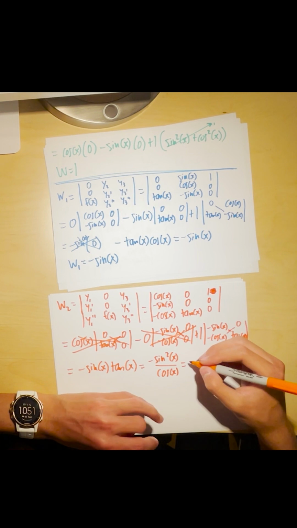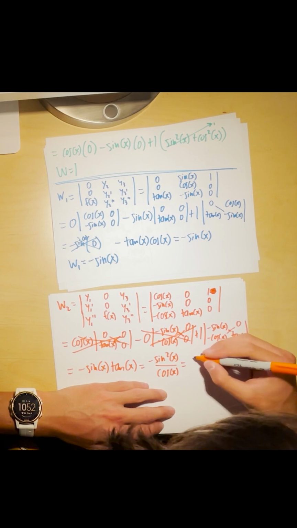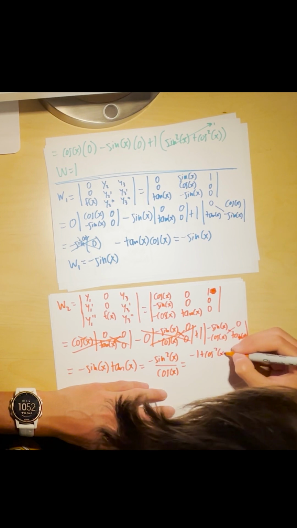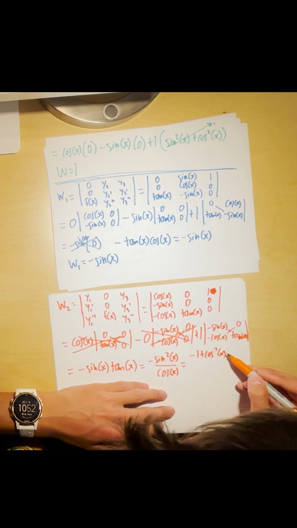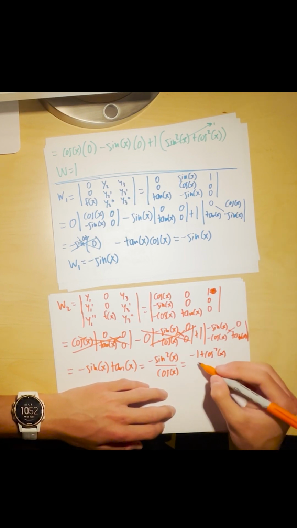And negative sine squared x is the same thing as negative 1 plus cosine squared of x, because if you add a sine squared of x to each side and then add a 1 to each side, you get sine squared x plus cosine squared x equals 1.